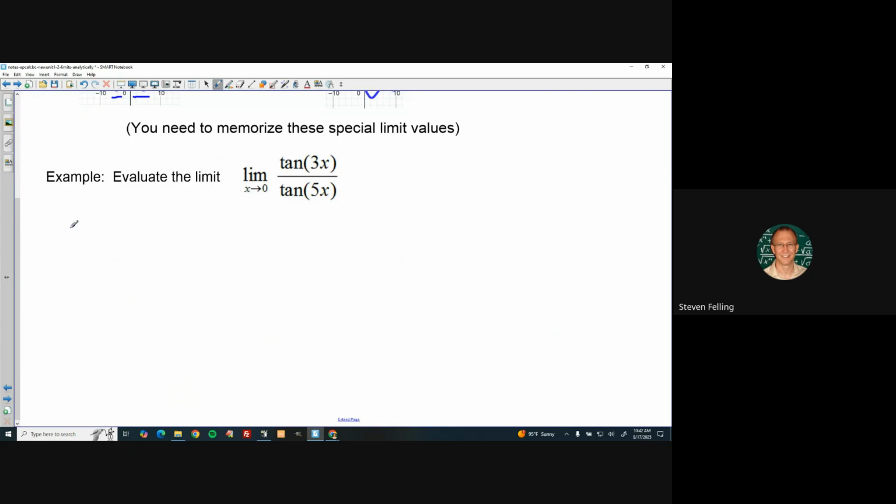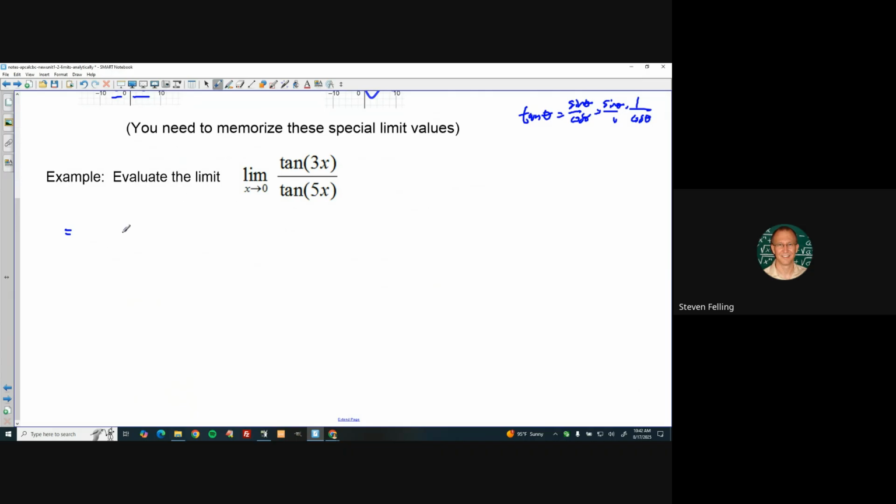This limit is equal to, we know that anytime I have a tangent of an angle, that's equal to the sine of that angle over the cosine of that angle. So I'm going to write that as a sine of that over 1 times 1 over cosine. Just split it up like that.